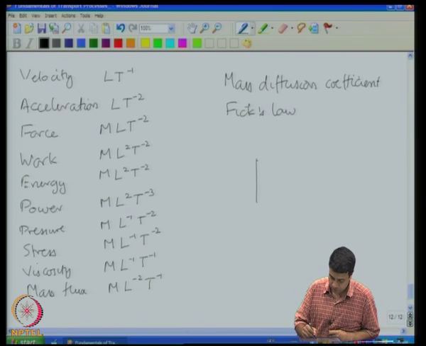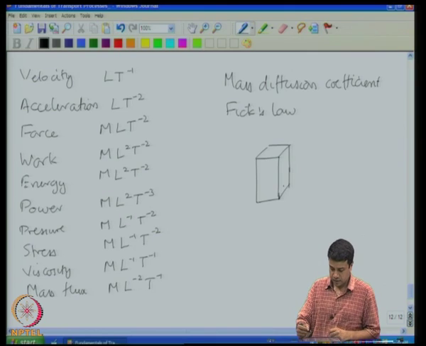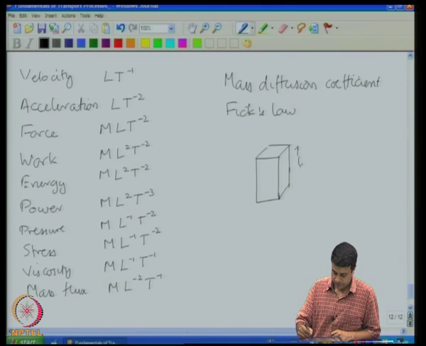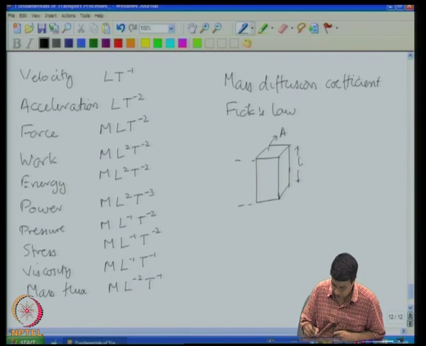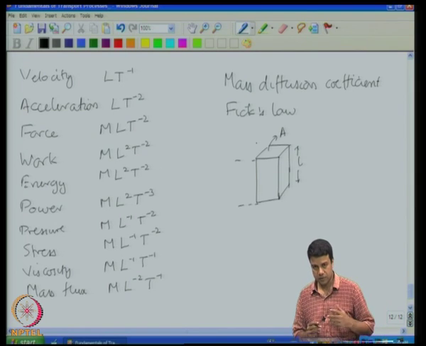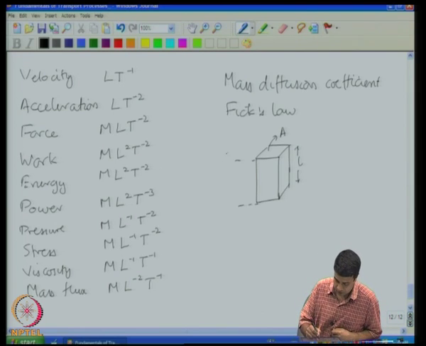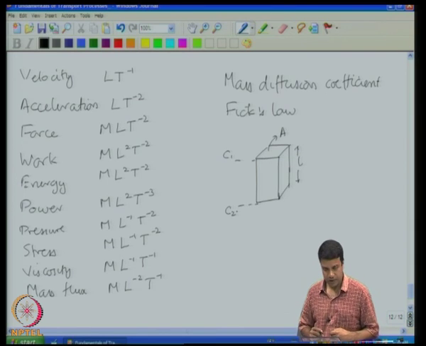If I have some fluid material whose length is L and it has a cross sectional area A, and if I put a difference in concentration of some solute across this material, this concentration is C1, this is C2, there is going to be a flux of mass across this material, because there is a difference in concentration. Mass travels from a region of higher concentration to a region of lower concentration.